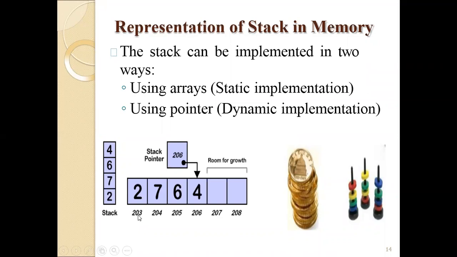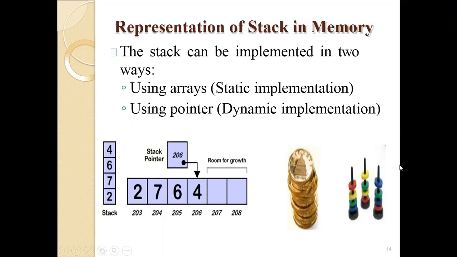At memory address 203, we have inserted number 2. At address 205, we have saved 7, then 6, then 4. That means if we are inserting elements into a stack with the help of its memory addresses, something like this, then it is called implementation of a stack with the help of a pointer.